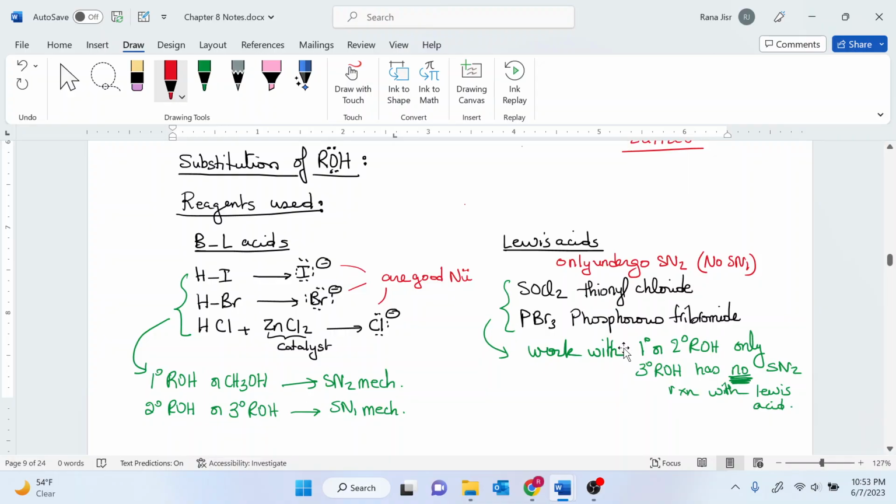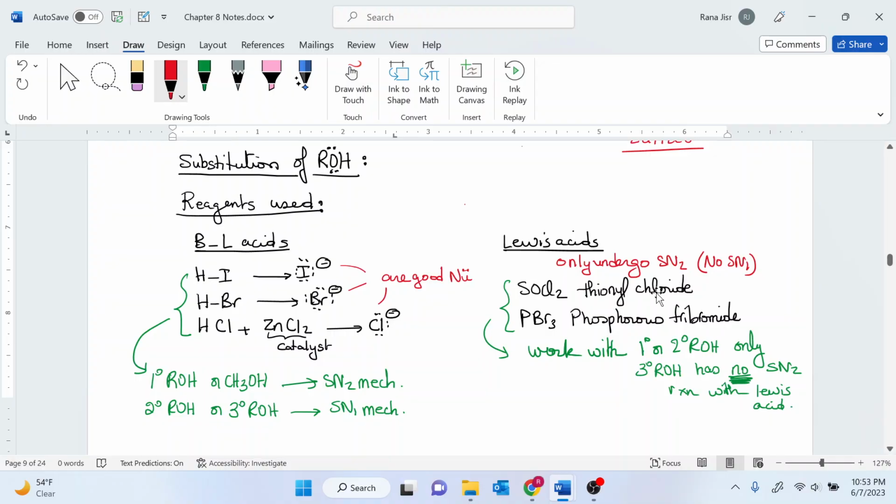Now, Lewis acids are always an exception because, as we saw earlier for elimination, the Lewis acid went only by E2 elimination for all types of alcohols. This one over here, the Lewis acid, we have two of them, thionyl chloride and phosphorus tribromide. They're going to go by SN2 reaction only.